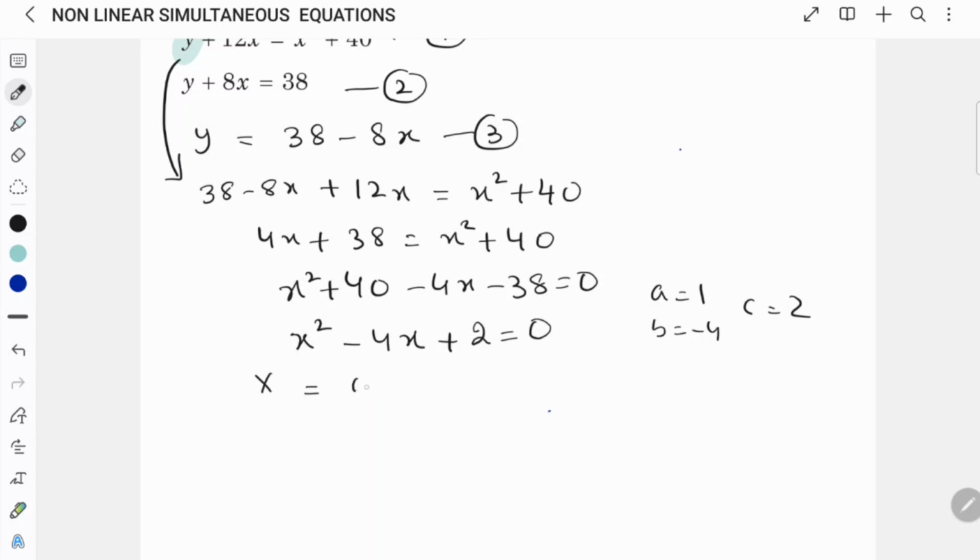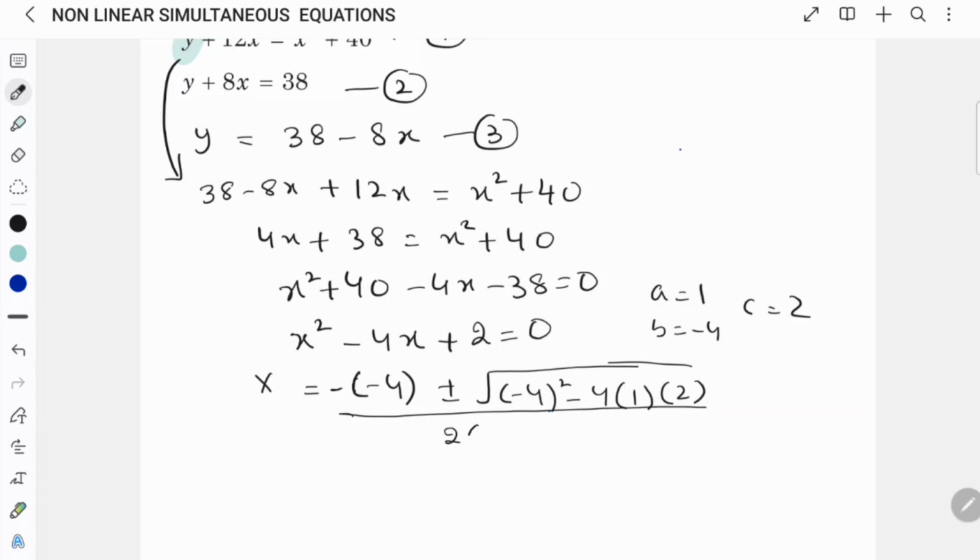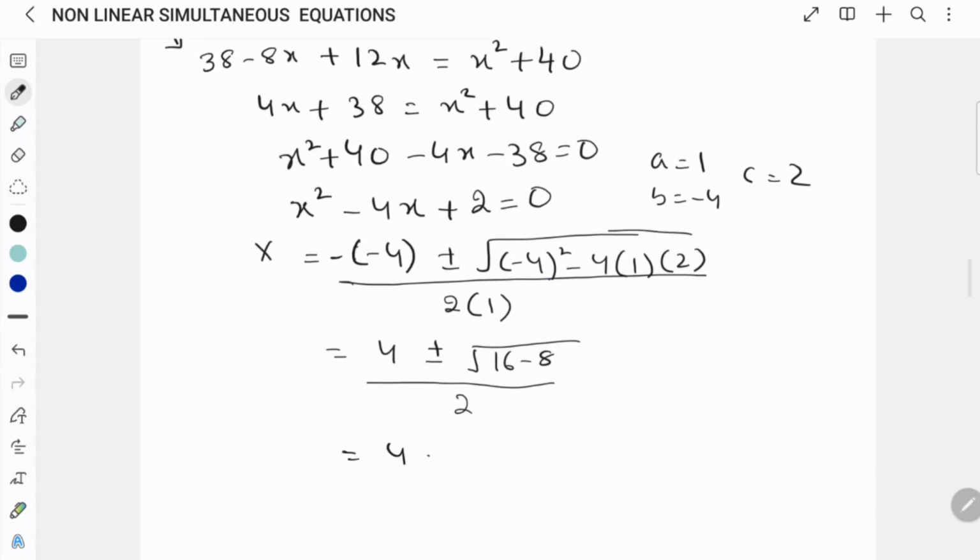So x equals minus b plus minus square root of b square minus 4ac upon 2a. Alright, I have calculated this: 4 plus minus square root of 16 minus 8 upon 2. It's very easy. So it becomes 4 plus minus square root of 8 upon 2.